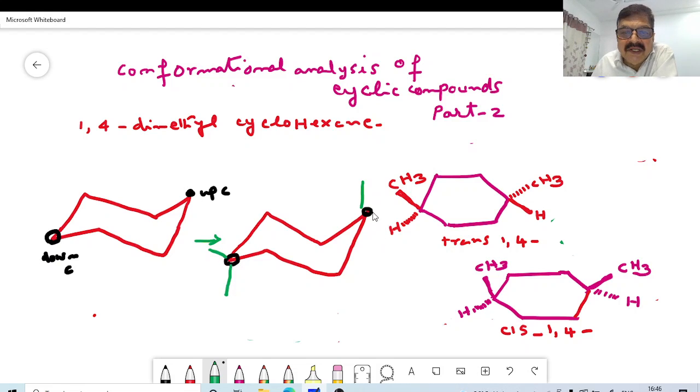So arbitrarily we are just picking two carbons, so draw one chair conformation like this.